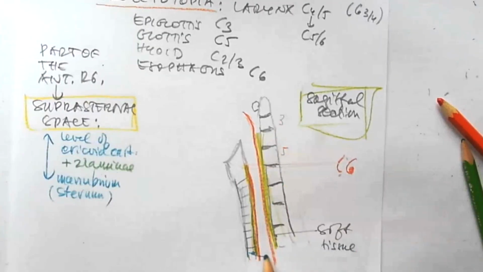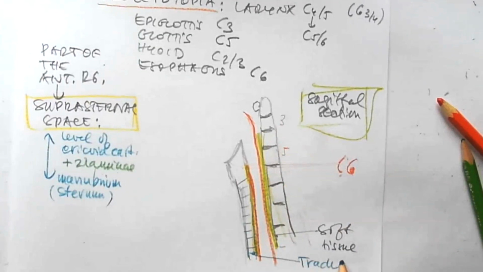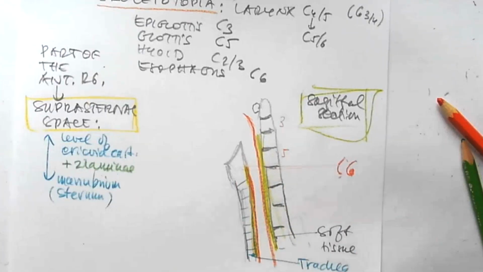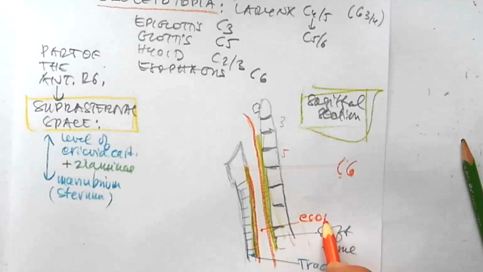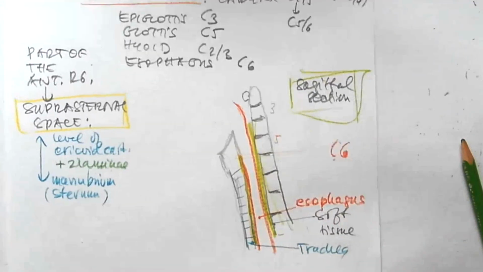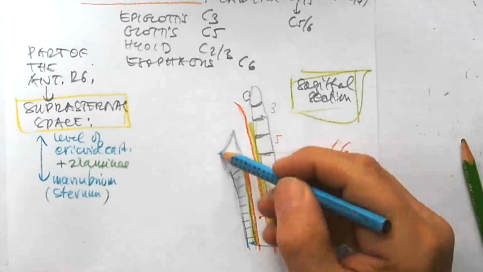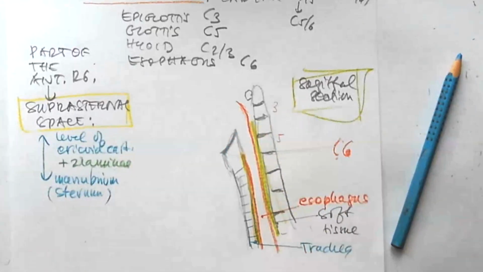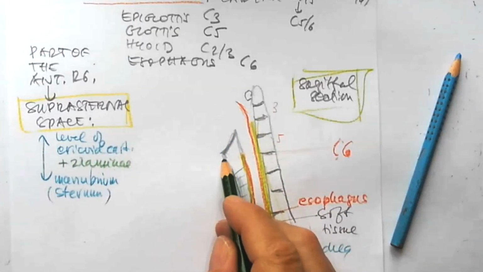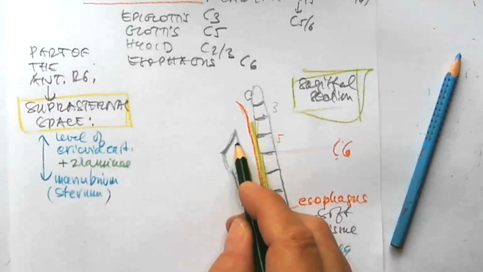We could say trachea, yes, trachea. In red, esophagus, sufficient. And then looking at the epiglottis, this is the epiglottis closing the larynx. Then at this level is practically the glottis, yes.